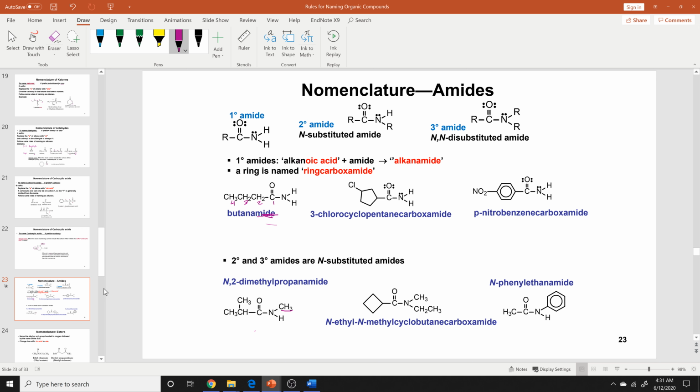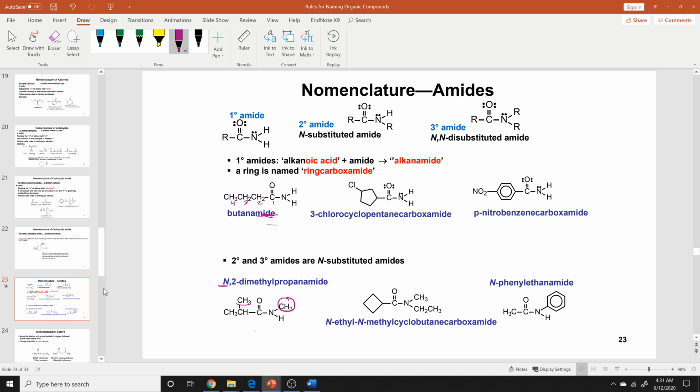This is a methyl in here, and this is a methyl in there. It is a propane, this is 1, 2, and 3, and it's an amide. So again, if it's a substituted amide, I have to include where the CH3 is. The CH3 is on the nitrogen, so I have to put N.